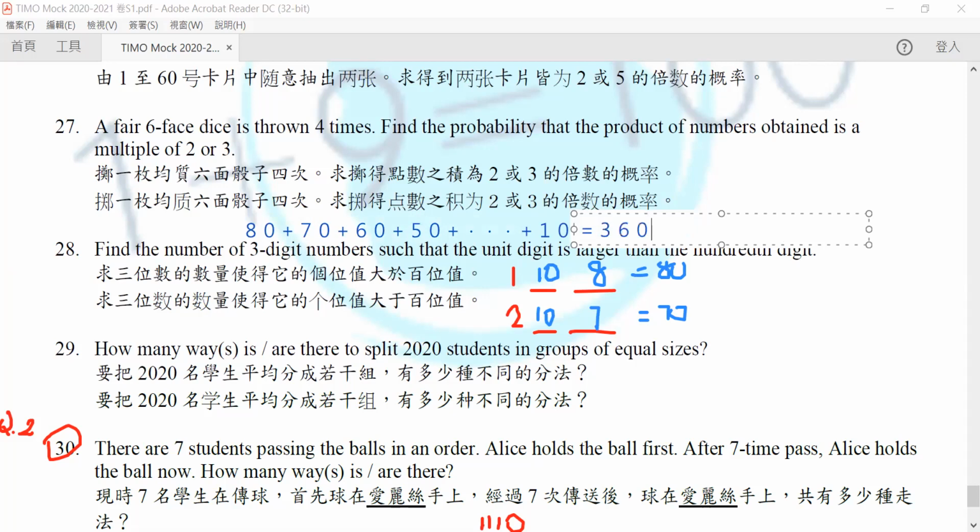So the answer is 360. We have 360 three-digit numbers such that its last digit is greater than its first digit. So this is question 28.